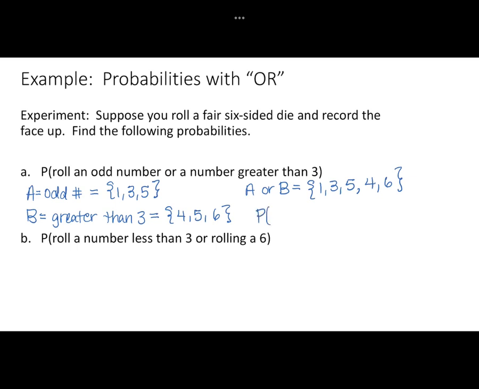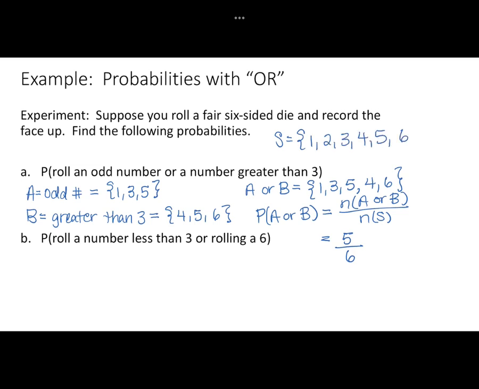Finally, what's the probability of A or B? Well, that's the number of things in A or B divided by the number of things in my sample space. In this case, there are 5 things in A or B and 6 things in my sample space. Remember, my possible outcomes are 1, 2, 3, 4, 5, and 6.